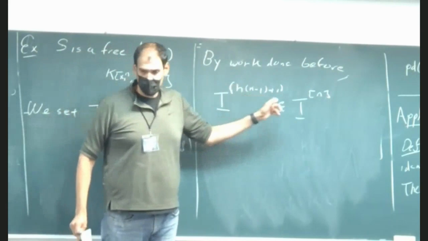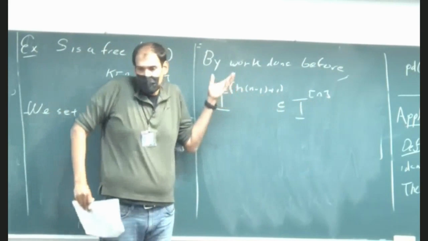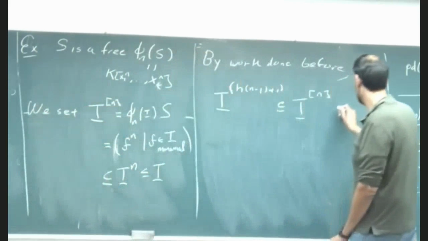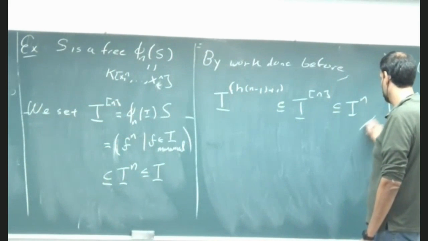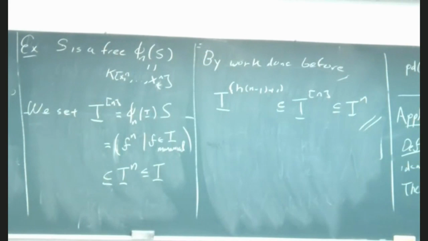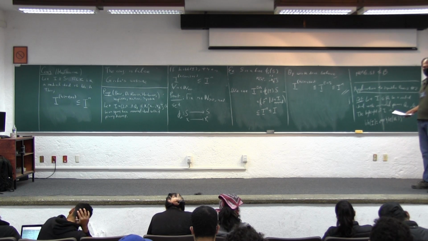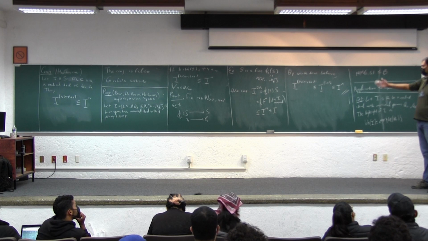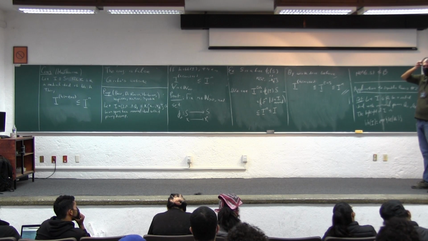So you did it for P to the E in prime characteristic. The proof is the same using this Frobenius-like morphism. And this is contained in I to the N. Very easy, no? And this is just one of those examples where you can get results characteristic free, probably stronger, with Frobenius-like morphisms. And there's a bunch of them.